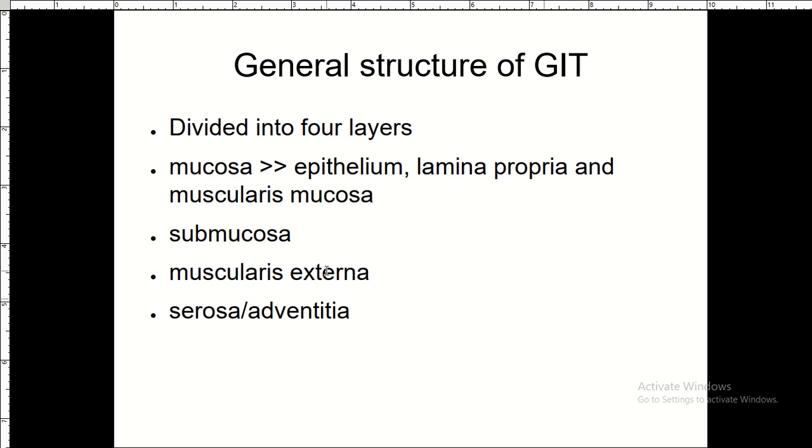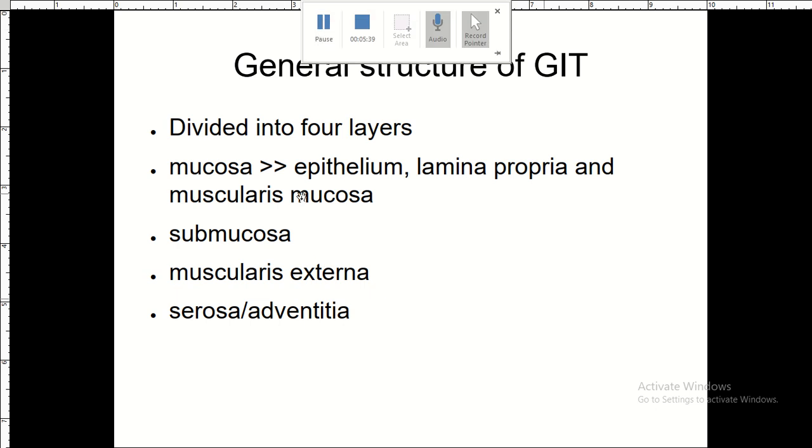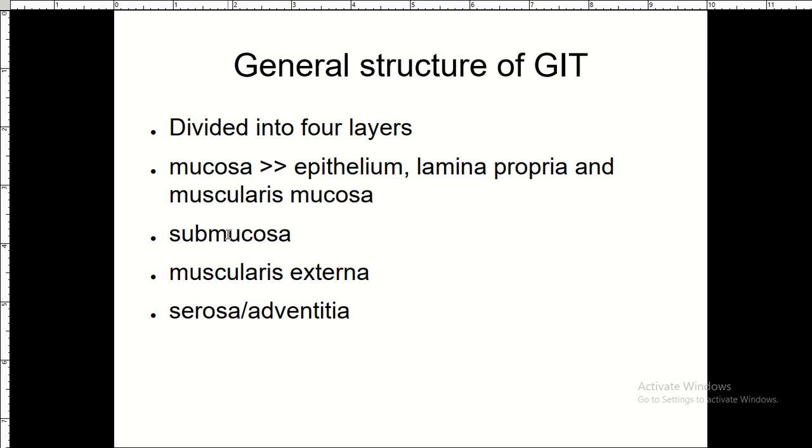Done. Let's take a look at the muscularis externa. The muscularis externa is the muscle that facilitates peristalsis, which is the movement of the food bolus throughout the GIT.